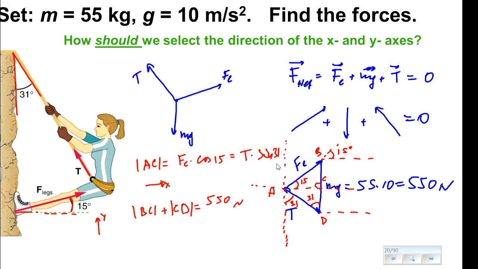But related to FL, say the top triangle, hypotenuse times sine of 15, plus CD, that side, is related to tension T. Together we have 550.